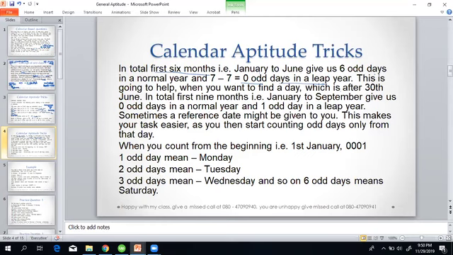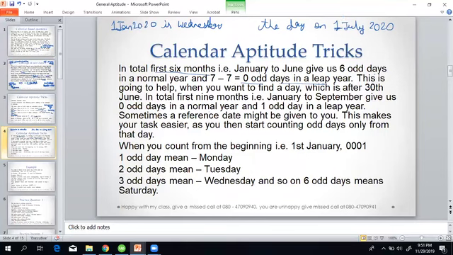So if you remember these things, you can answer the question easily. For example, if the question says 1st Jan 2020 is on Wednesday, find the day on 1st July 2020.